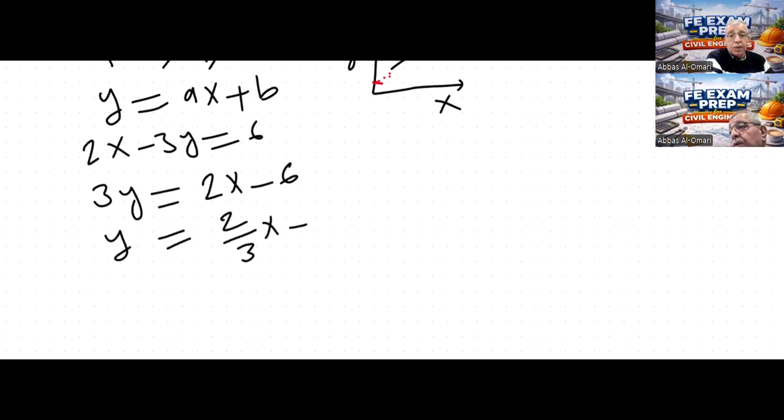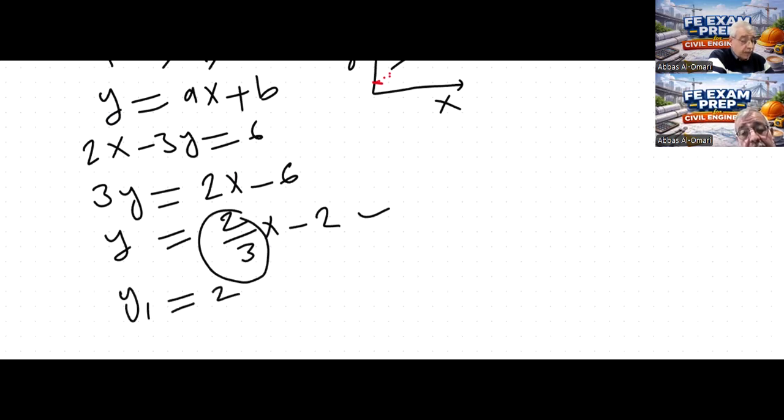So this is the equation of the given line in standard format. From this equation, we know that the slope of our line is 2/3. So now our line, I call it y1, equals 2/3 x plus b. So I have found the slope.